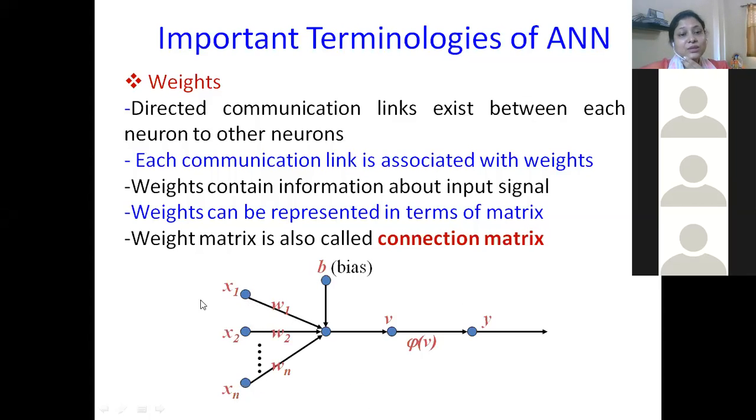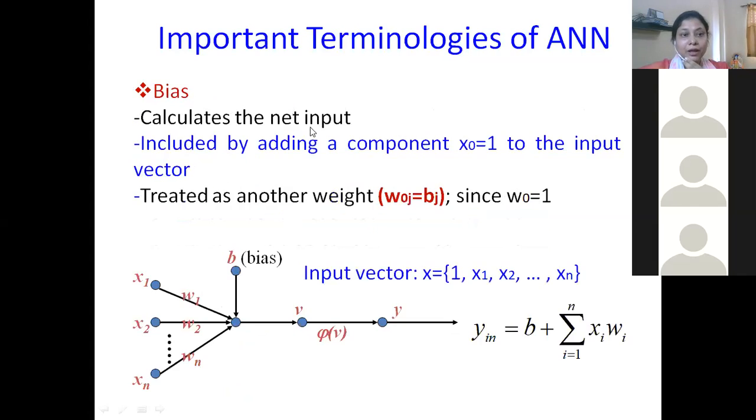Now this weight matrix is formed by taking all the weight values. This weight matrix is also called the connection matrix. So this is the first terminology, which is weight.